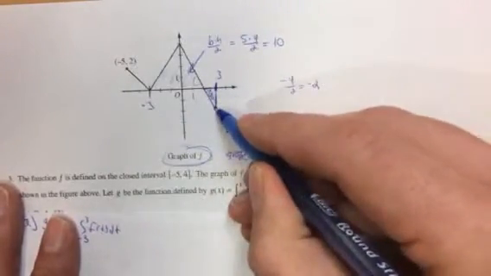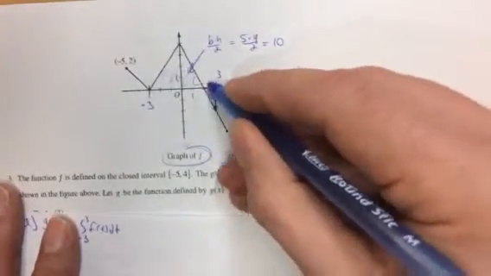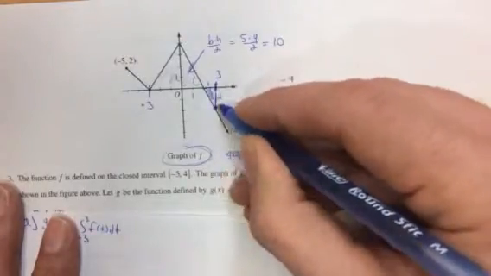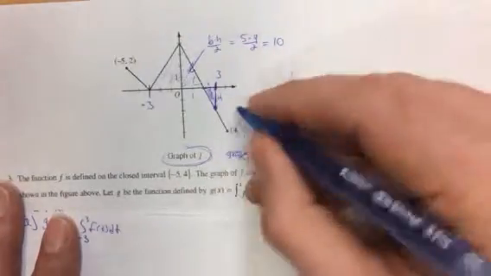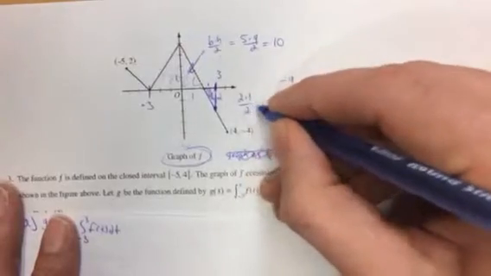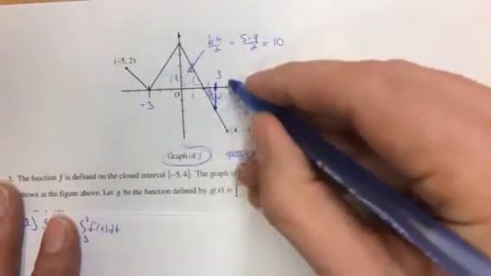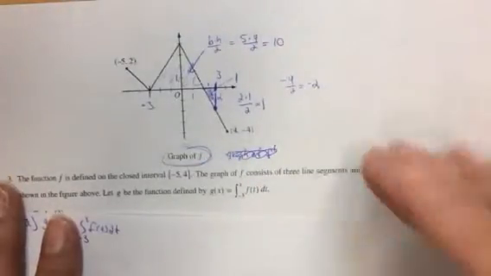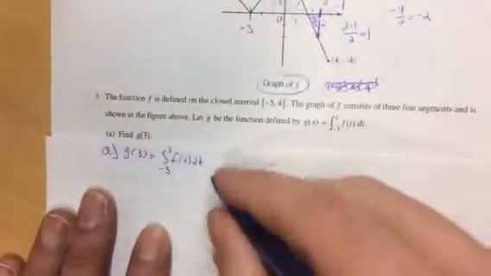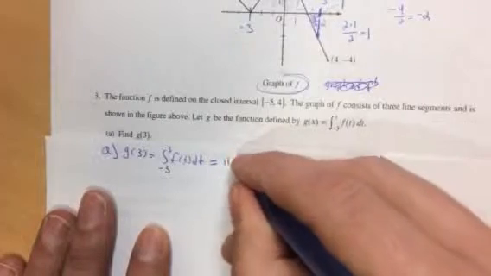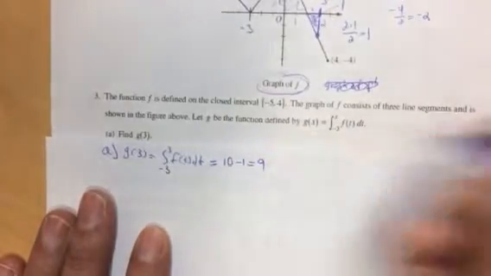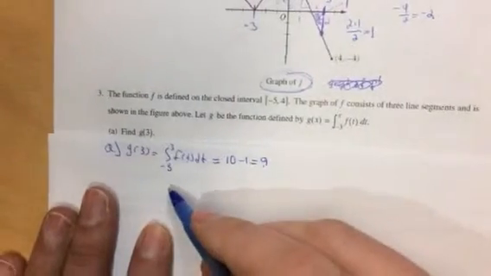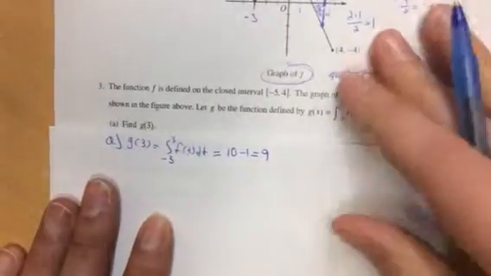So if we went over by 1, it went down by 2. So this has a base of 1 and a height of 2. So 2 times 1 divided by 2 is 1. This area is 1. And so g of 3 is 10 minus 1, which is 9. That's the integral from -3 to 3 of f of t.